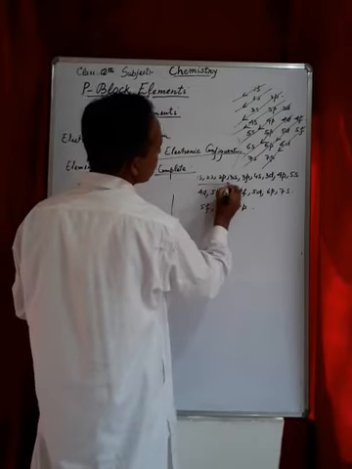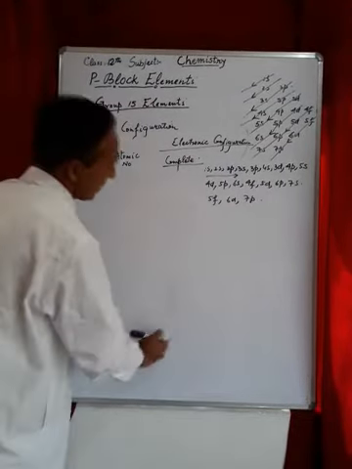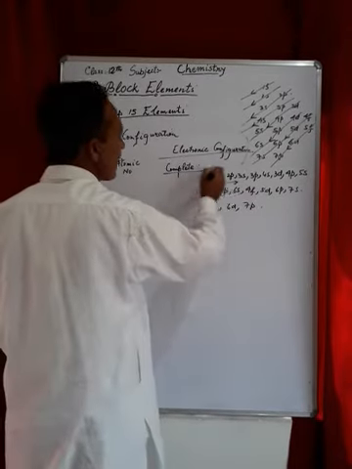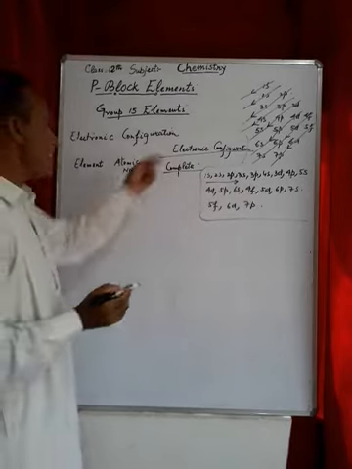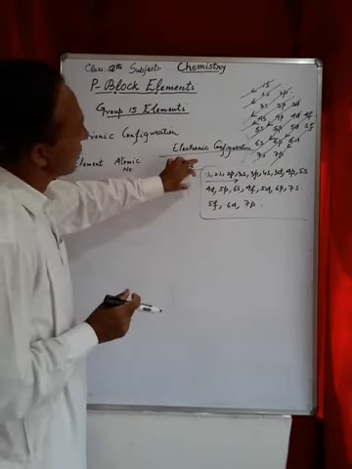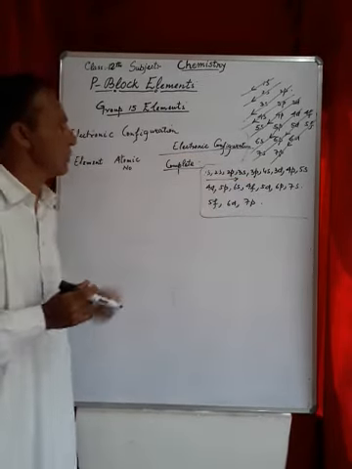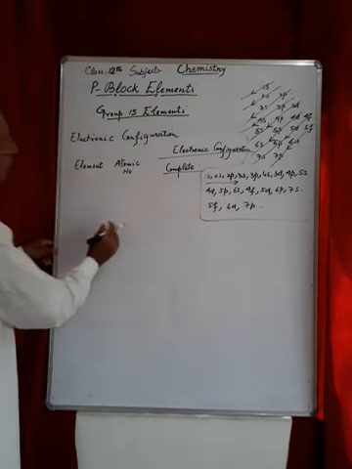This is the increasing energy of the orbitals. So we have filled the orbitals according to their increasing energy. While writing the electronic configuration, you have to keep in mind the increasing energy of these orbitals. Now I will start from here.